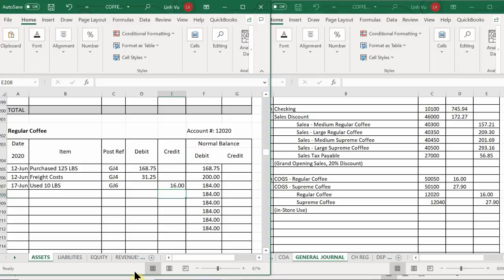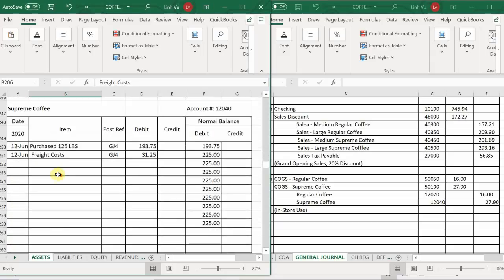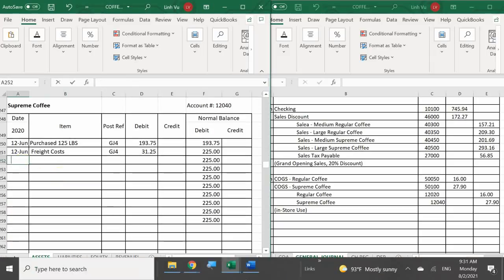So there you go. I put credit for 16, so it should be giving me 184 as my total balance in my regular coffee. Okay. Let's also go down to our Supreme Coffee because we end up using 15.5 pounds. Okay. What was my total?